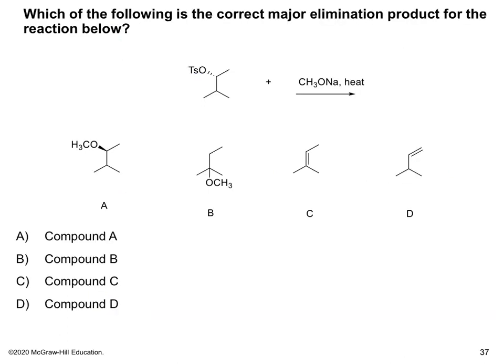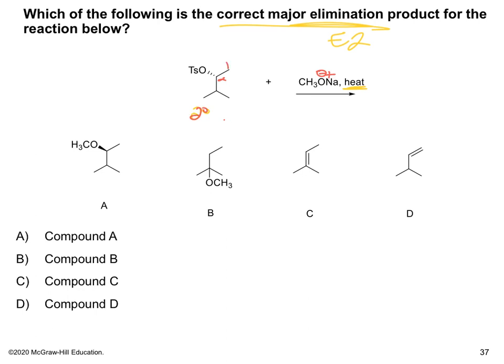All right, so in this we have a secondary, and it says correct major elimination product. So that's how you know you have a strong base, and sometimes heat will be a trigger. Okay, because if you wanted SN2, you would do this at room temperature. You wouldn't do heat. So here you have a strong base. So here you do your alpha, and you say, okay, I've got a secondary, so that means I've got 2 beta hydrogens.